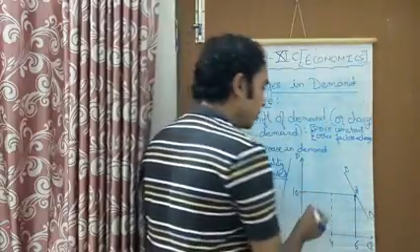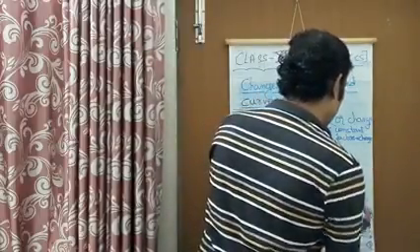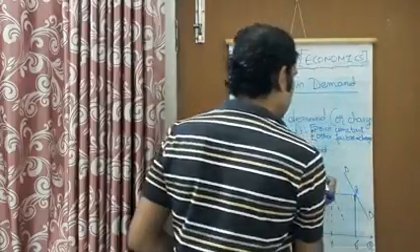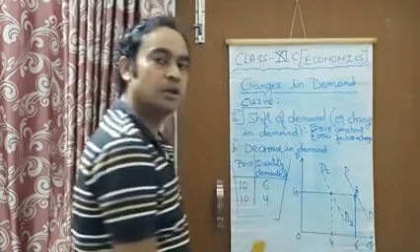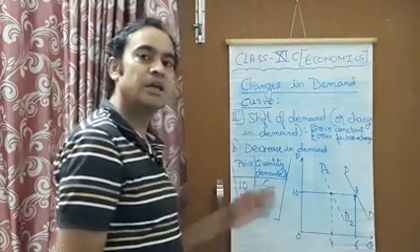The new demand curve is going to come at this point. We'll make the new demand curve in dotted lines so that it can be differentiated from the initial demand curve. And here you can see the new demand curve is coming as D2.